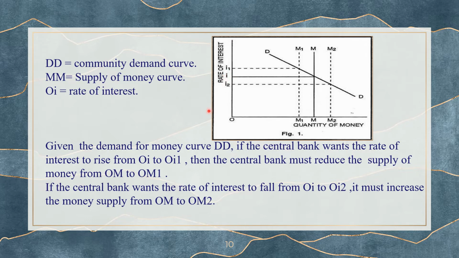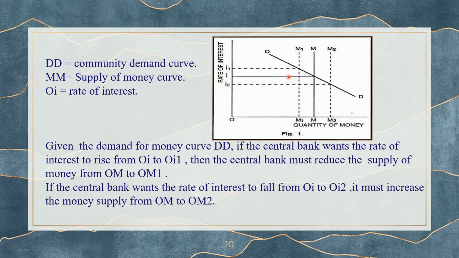If the central bank, which has the power to influence the rate of interest, wants the interest to rise from OI to OI1, then the central bank has to reduce the supply of money from OM to OM1. If it wants this to rise here, the central bank has to reduce this from here to here. If the central bank wants the prevailing rate of interest, which is OI, to fall to OI2, then in that case, it has to increase money supply from OM to OM2.